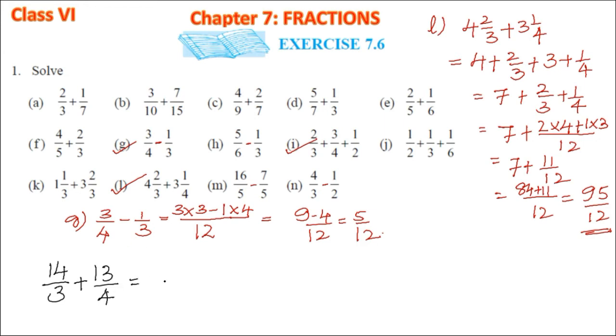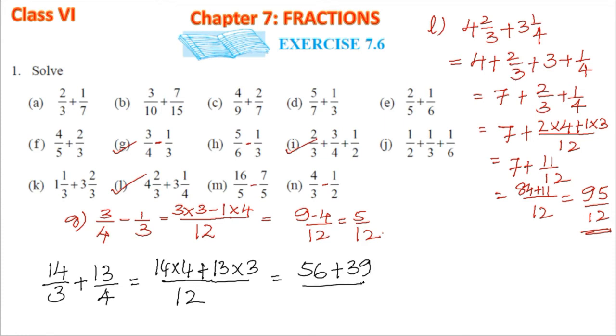The LCM of these two numbers is 12. So 14 to be multiplied by 4 plus 13 multiplied by 3. This will become 56 added to 39 divided by 12. 56 plus 39 is 95. So we get 95 by 12. In either of the methods you can solve.